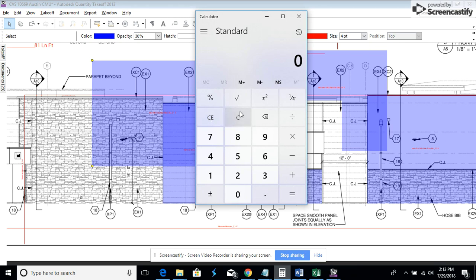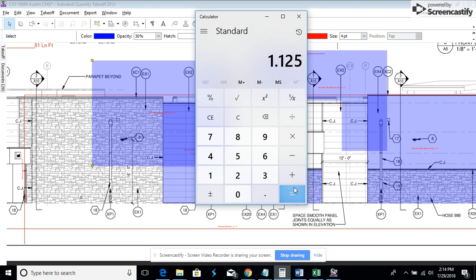Say you have 12 square feet, so 12 times 12 inches, you have 144. A block is 8 inches by 16 inches, which is 128 square inches. So you do 144 divided by 128, and you have 1.125.